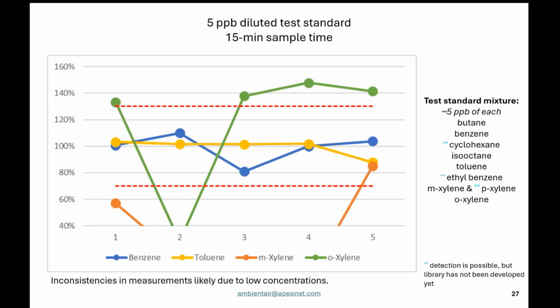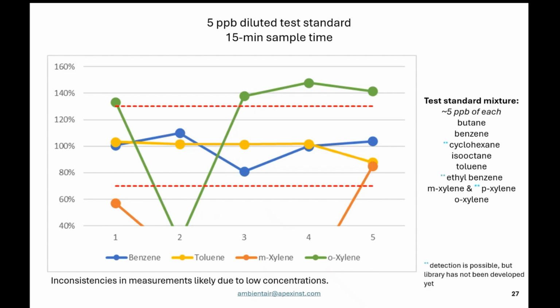In this next test evaluated, there's 5 ppb of the same diluted test standard mixture as the previous slide. Here we observe accurate measurements for benzene and toluene.